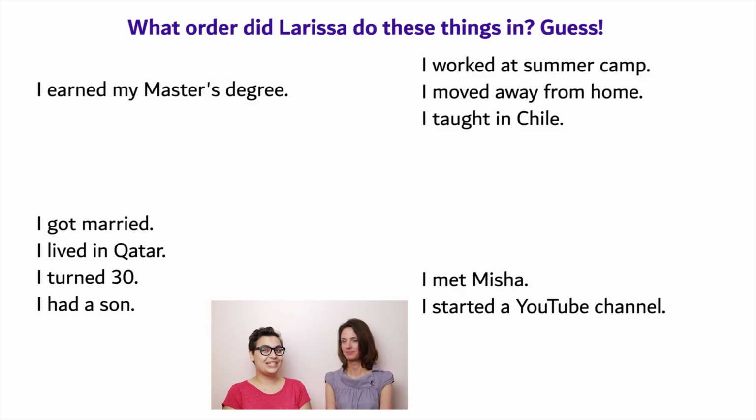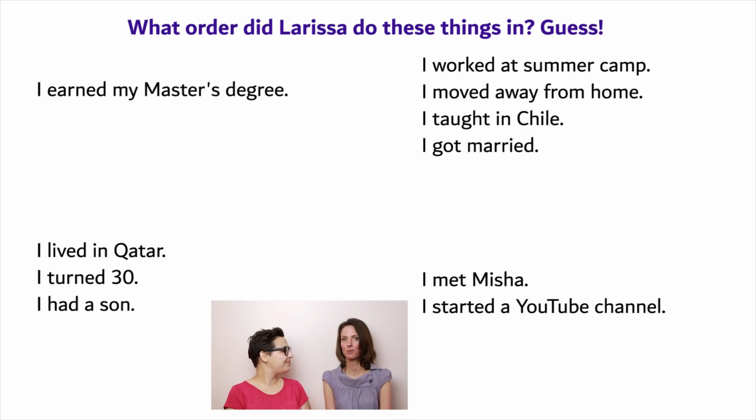I think the next one is you got married. Yeah. I did. A couple years after I came home from Chile, I got married. Nice. And then I know that your first son was not born in Canada, your first child. Mm-hmm. So then I think next you moved to Qatar. Not yet. Something else first. Okay, first you earned your master's degree.